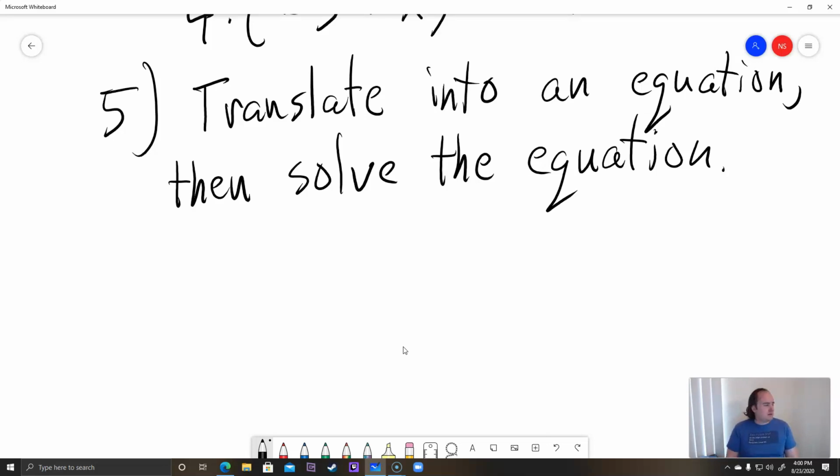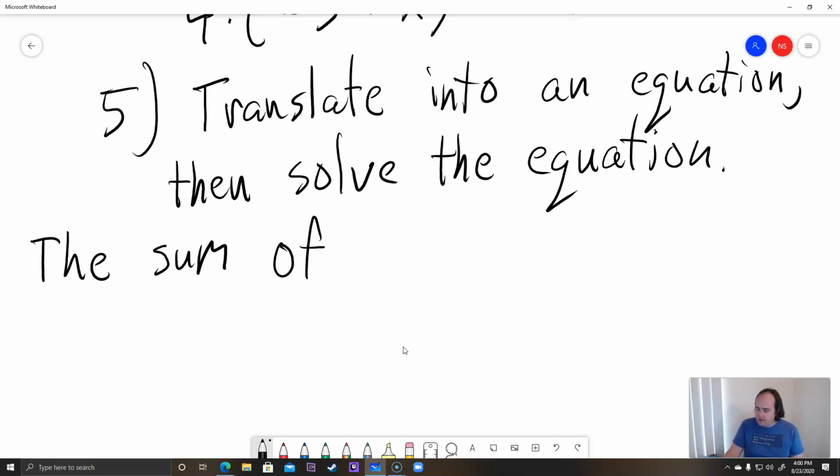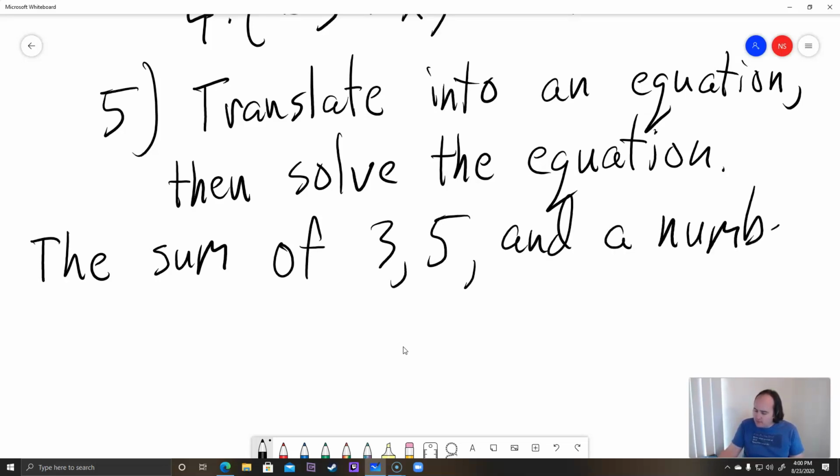But what we're dealing with here, the sentence that they're giving us is: the sum of 3, 5, and a number amounts to 14.